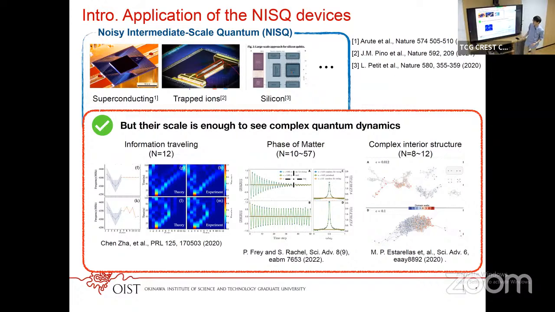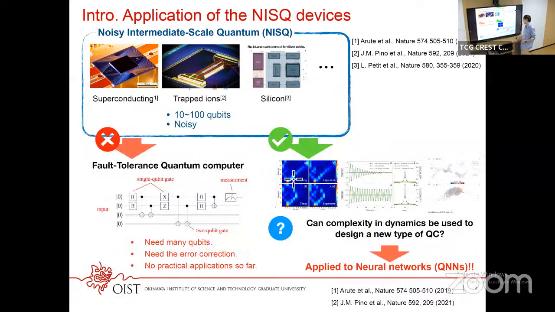So NISQ devices are a good device to realize the complex dynamics of quantum systems. And then, can we use this complexity in dynamics to design a new type of quantum computing? One approach is a neural network, a quantum neural network.